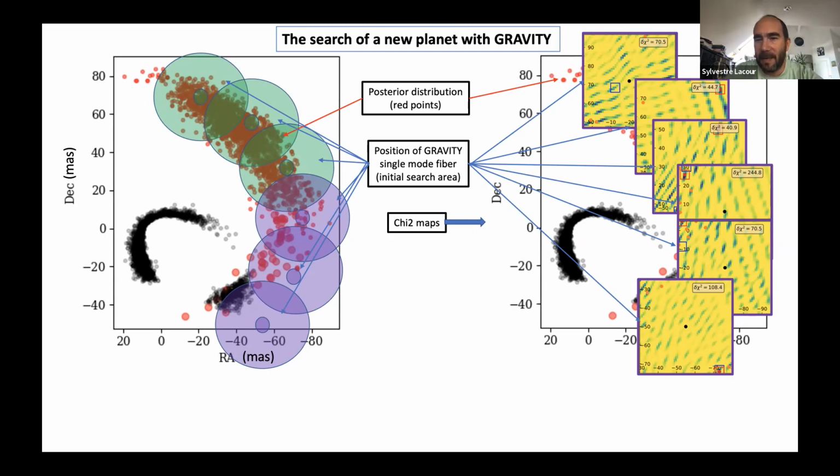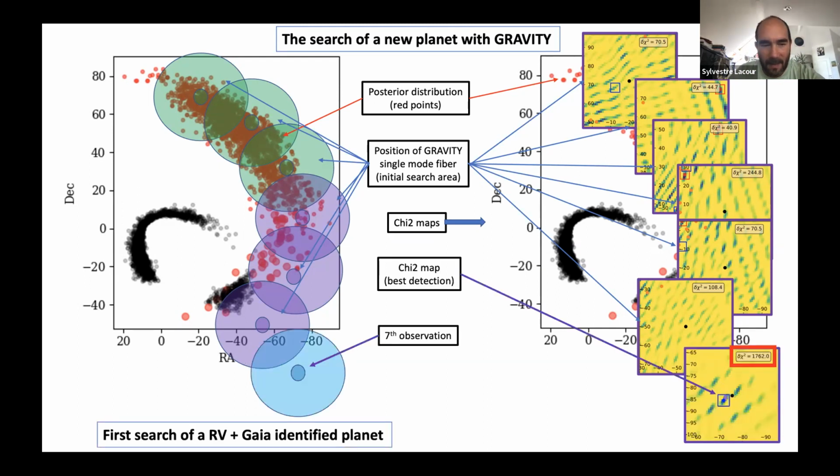Nothing really clear came up from the chi-square map, but we still had some kind of small indication in our last observation below there. We could observe it a month later at this position, and we detected this new exoplanet. That's a paper which should be published in a few months.